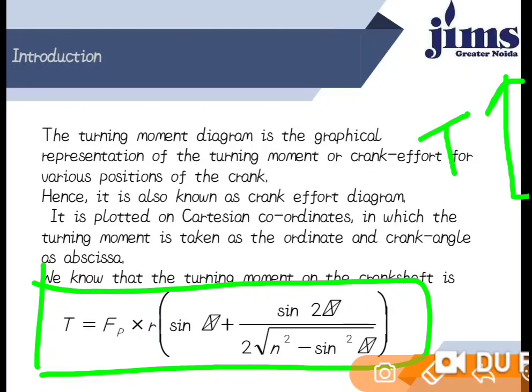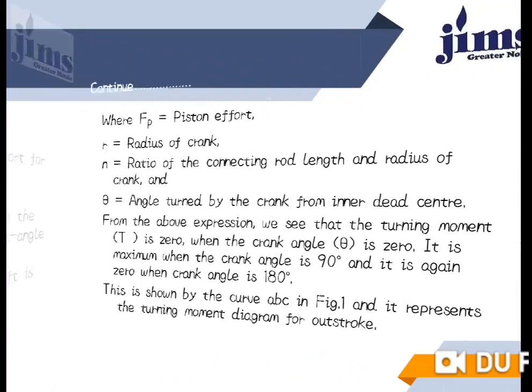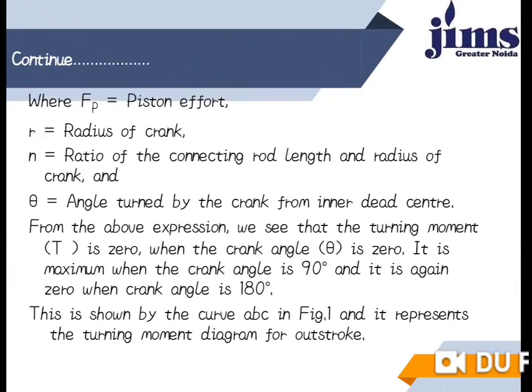So here I mentioned that it is plotted on Cartesian coordinates, in which turning moment is taken as the ordinate and the crank angle as the abscissa. Now, F_P is also known as piston effort, small r is the radius of crank, small n is the ratio of the connecting rod length to the radius of crank, and theta is the angle turned by the crank from IDC.